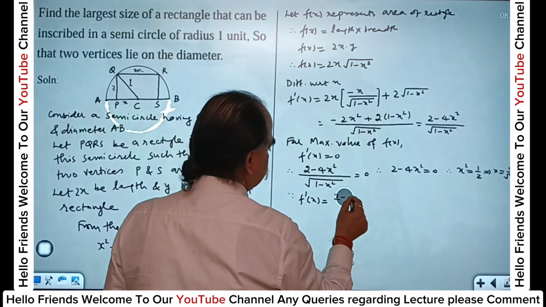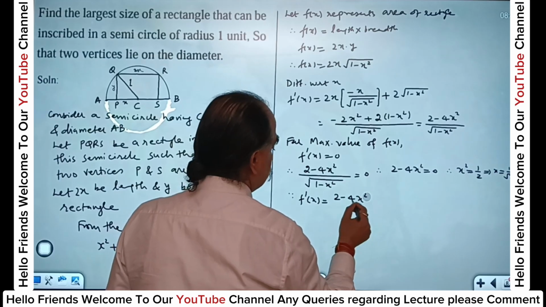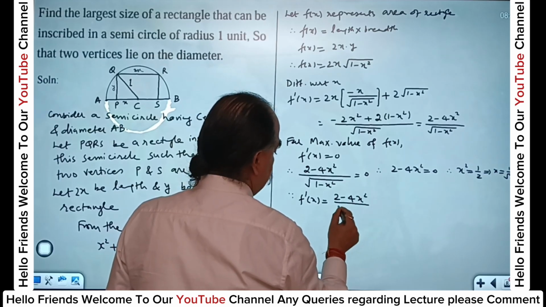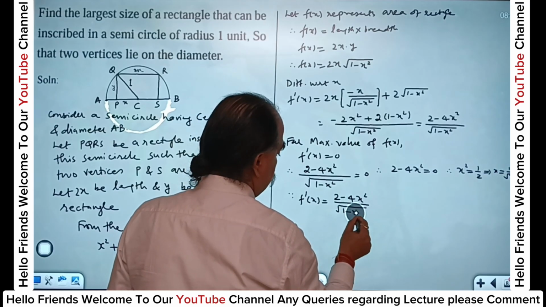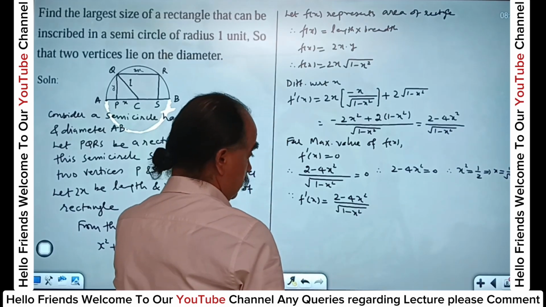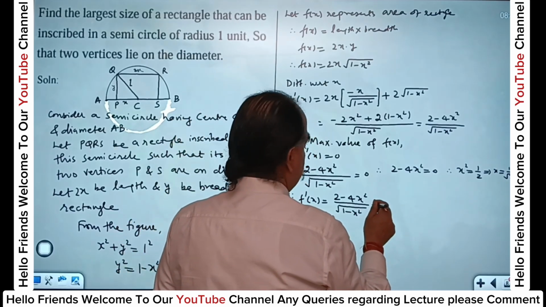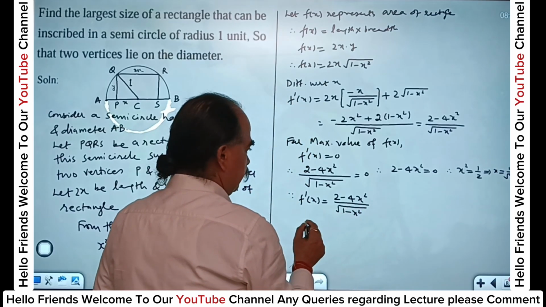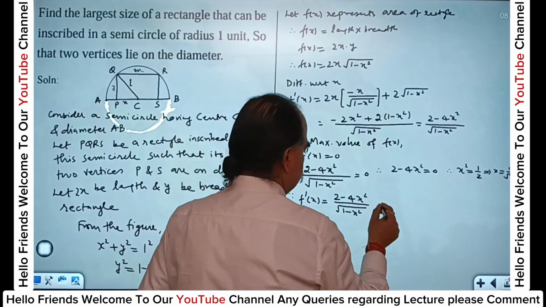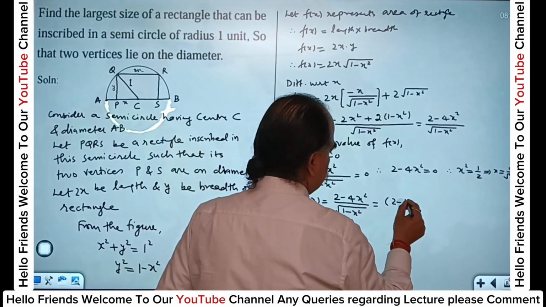Since f dash x is what? 2 minus 4x square upon root 1 minus x square, so f double dash x is what?